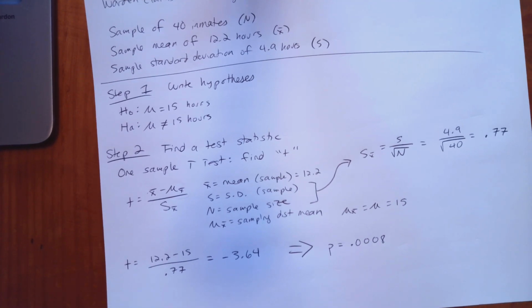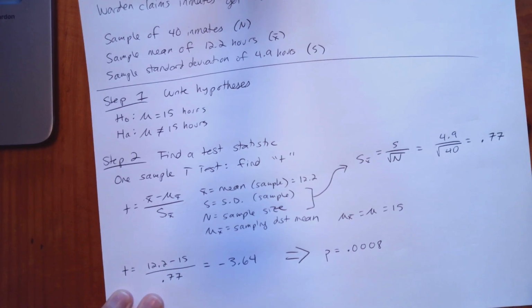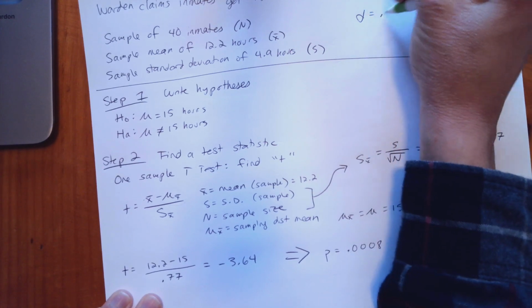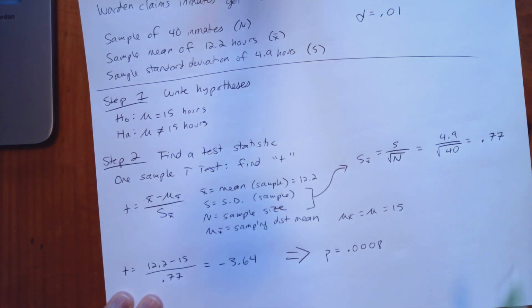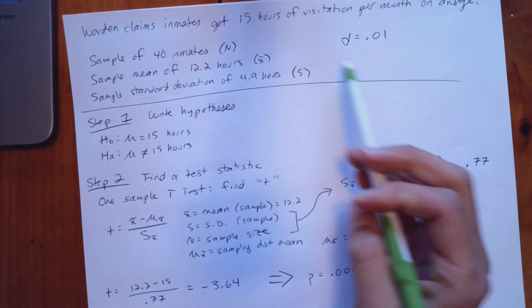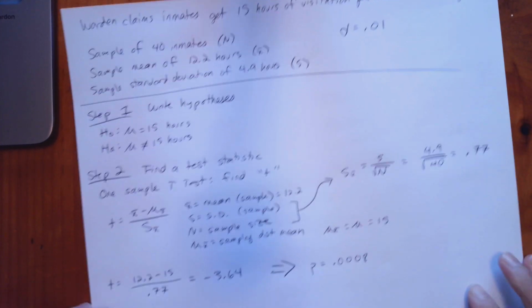Our last step is going to be to decide whether to reject the null hypothesis. And we're going to say today that we're working with an alpha level of 0.01. The alpha level is something that will also be given in any problem, along with this other information.